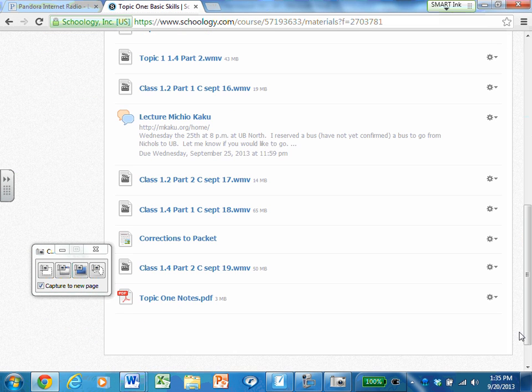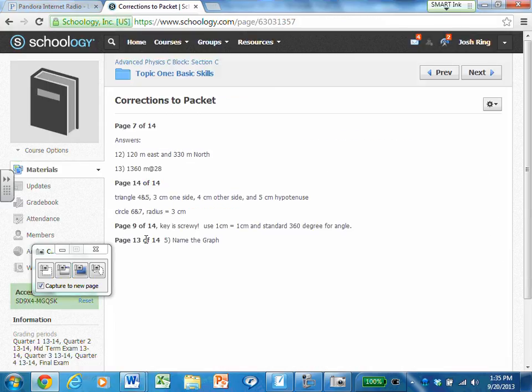See that? On page 14 of 14, triangle 4 and 5 should be 3 centimeters, 4 centimeters, and 5 centimeters for the hypotenuse. And for circle 6 and 7, the radius should be 3 centimeters. Now, I noticed on the one that we're looking at now, the next problem, I'll show you something too.